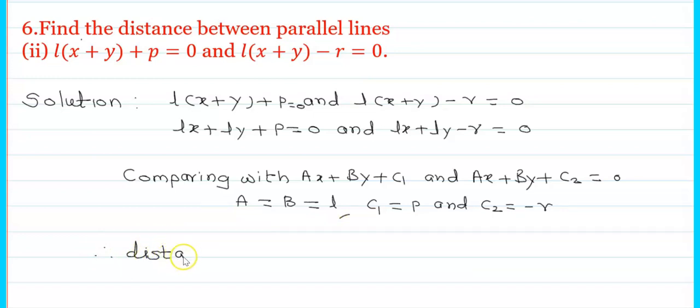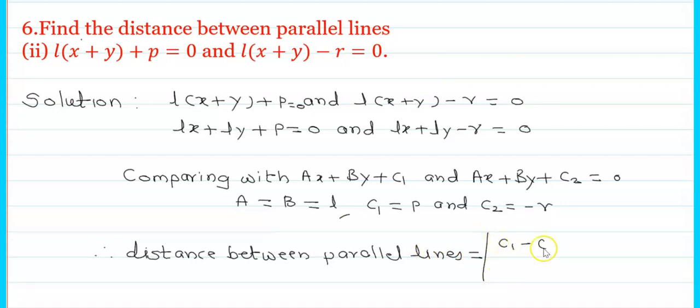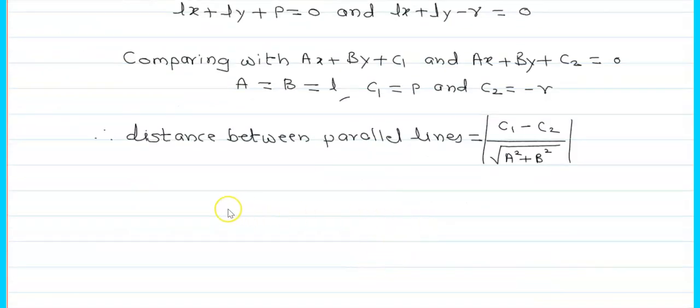Therefore the distance between parallel lines is equal to mod of c1 minus c2 upon the square root of a square plus b square. Okay, now substitute the values.